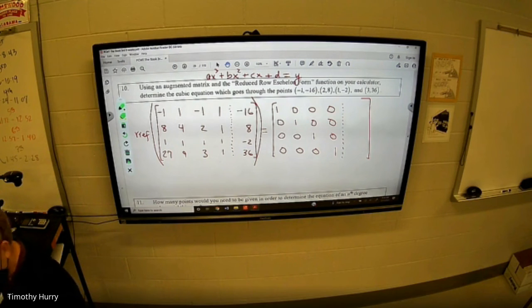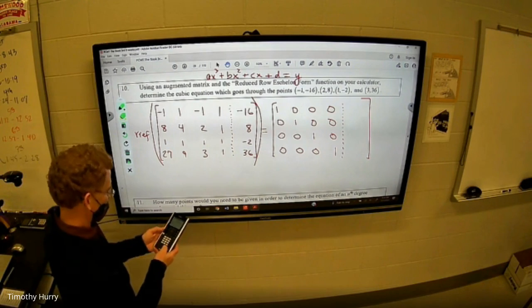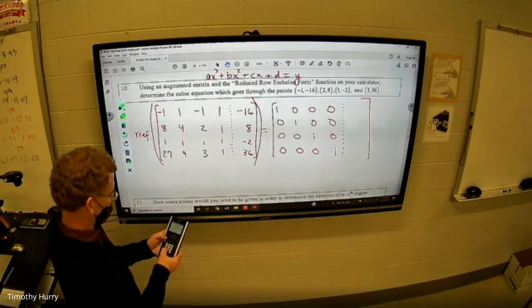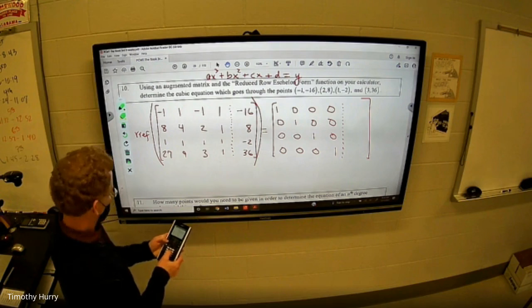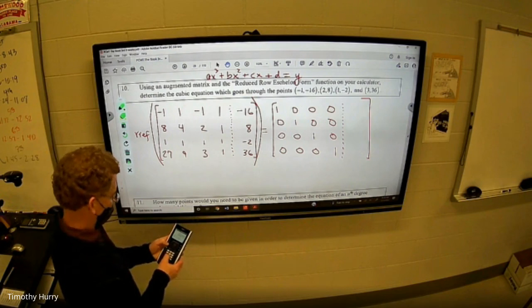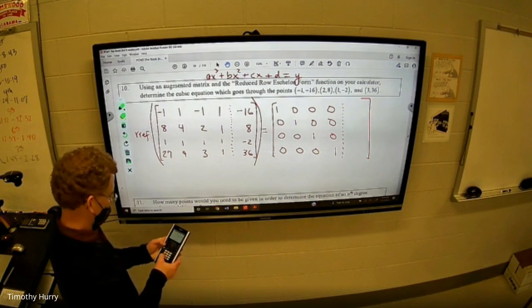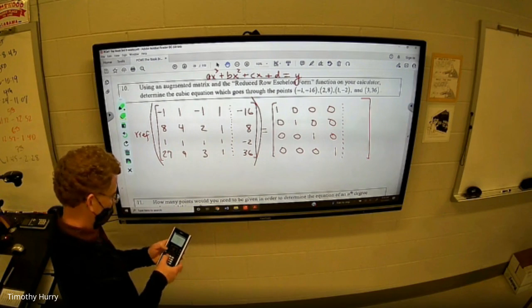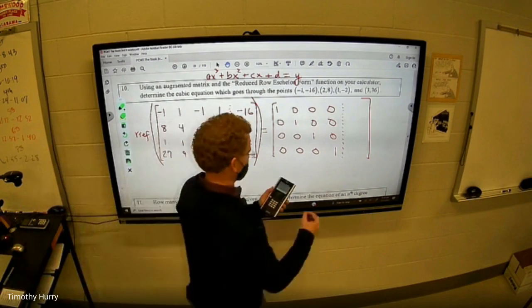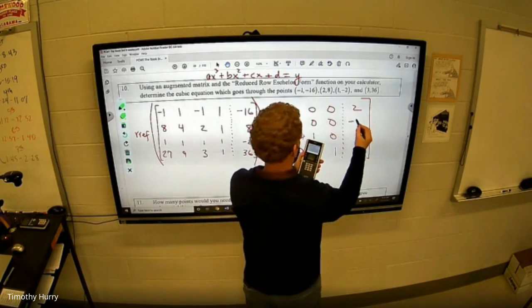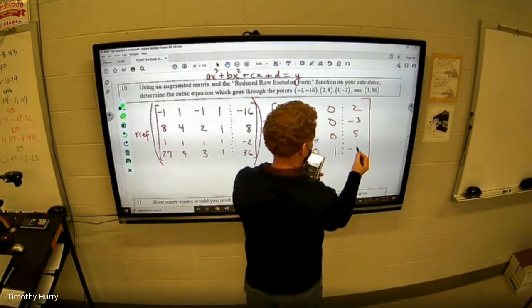Okay. Then -1, tab, 1, tab, -1, tab, 1, tab, -16. 8, 4, 2, 1, 8, 1, 1, 1, 1, -2, 27, 9, 3, 1, 36. And it spits out 2, -3, 5, and 6.